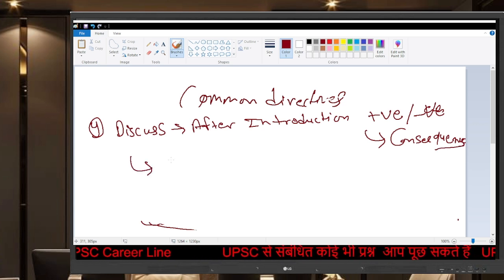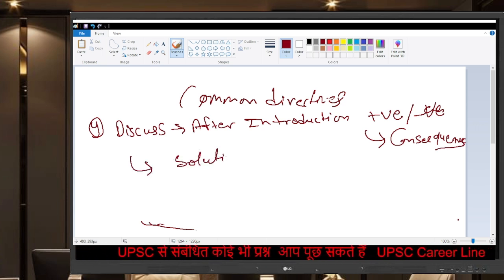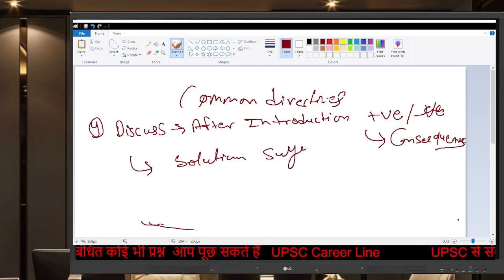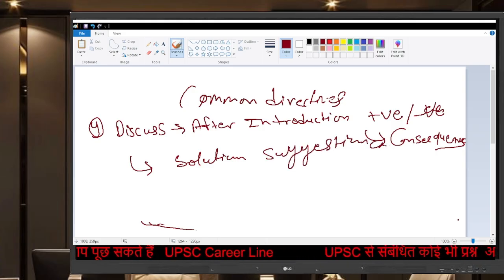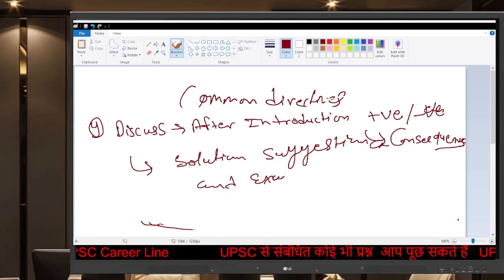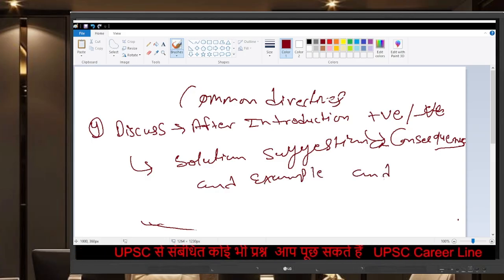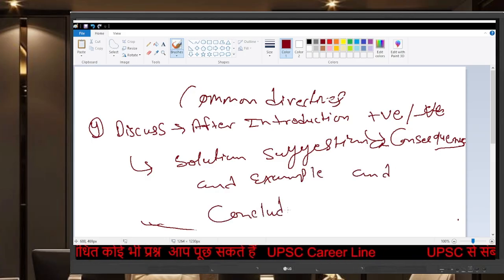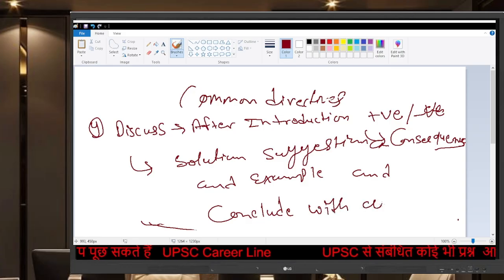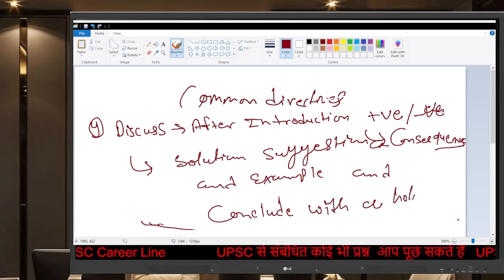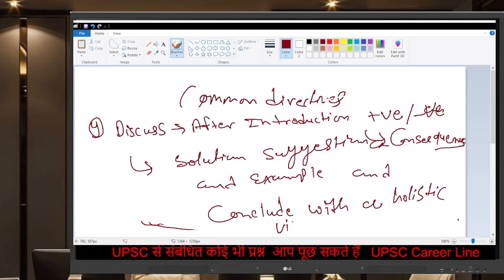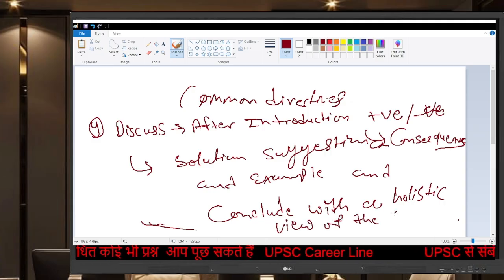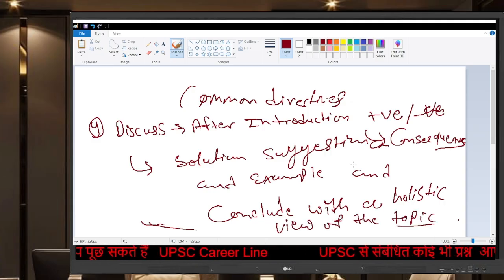In addition, you can write solutions, suggestions, and examples, and conclude with a holistic view of the topic. Okay, that completes the fourth common directive.